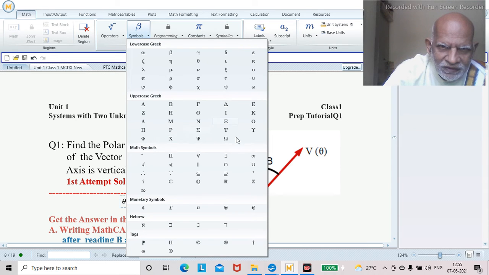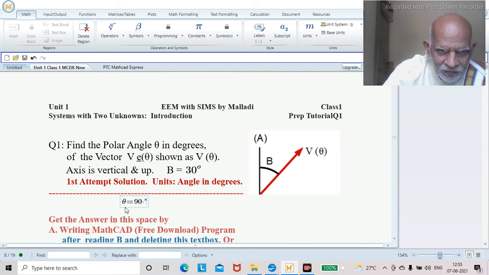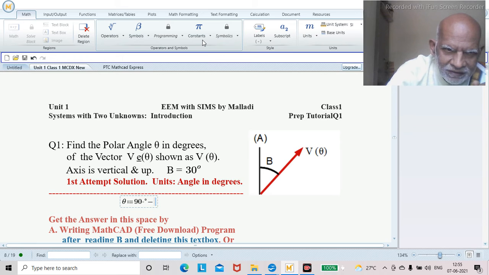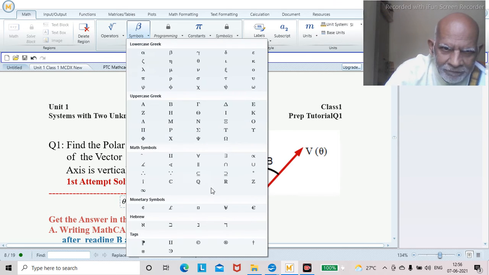I don't want to change the font before I do it, because if I do it before, the whole thing will mess up. Then minus 30, and then I have to go to degrees.